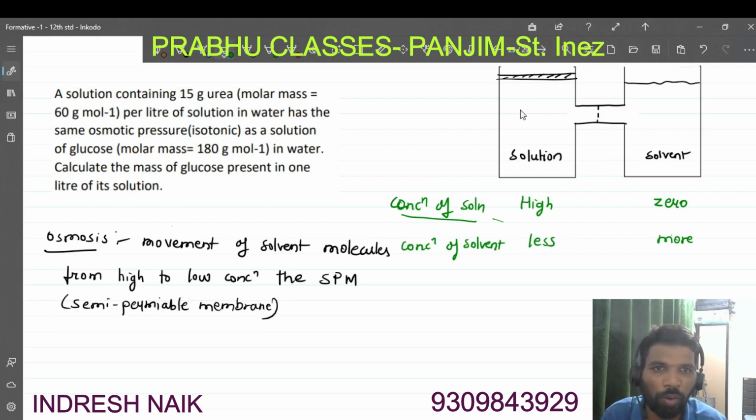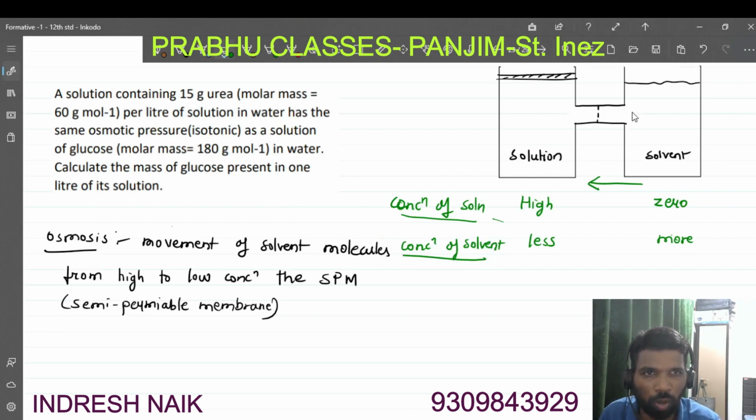In the same quantity, there is solvent plus solute, so there will be less solvent on this side and more on the other. So movement of the solvent in this direction is called osmosis, from higher concentration to lower concentration. Understand the difference: concentration of solution is less or zero on one side, but concentration of solvent is more on the solvent side and less on the solution side. That is osmosis.